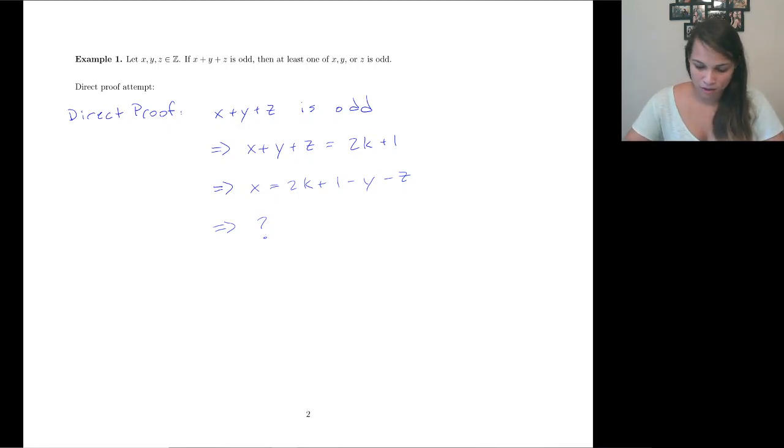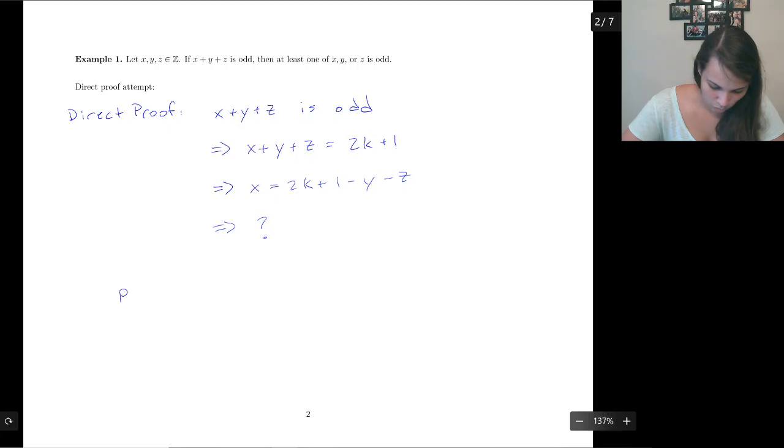So let's think about the contraposition. What's our P of x? It's x plus y plus z is odd. So then not P would be x plus y plus z is even.